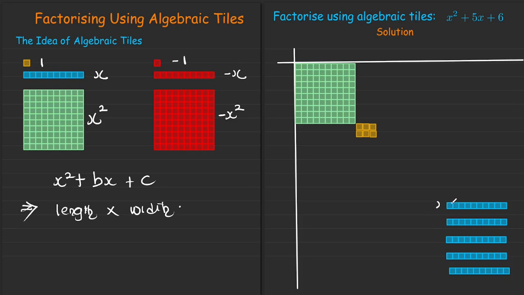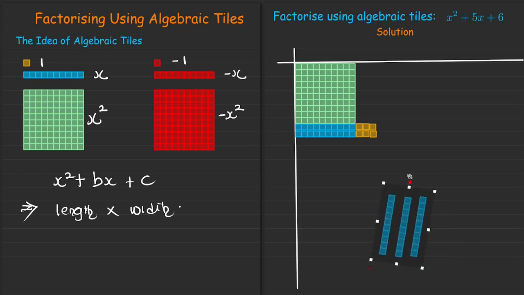Now we want to arrange them side by side to this so that it makes a perfect rectangle. I'll take my first one and put it here. I'll also take this and put it here as well. Then for the remaining, I would like to make them vertical.